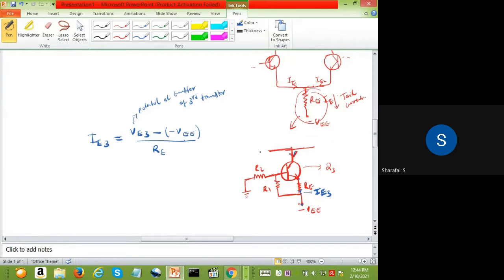Okay, so the circuit is like this. I have a resistor here. So this is your VE3, this is your minus VEE, this is RE. Take the potential across these two points, which is VE3 minus VEE, the difference between those potentials, divided by RE, will be the current flowing through this.